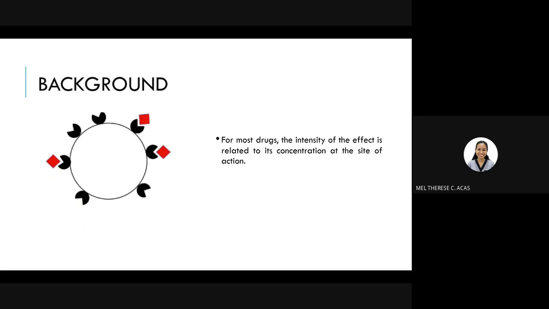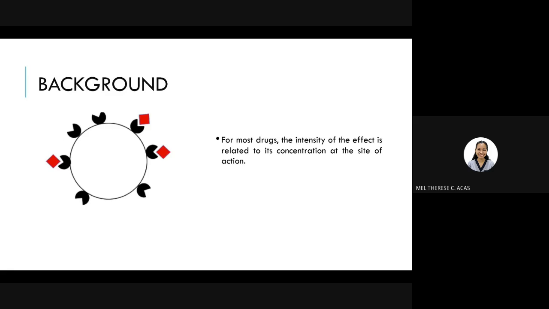In pharmacology, one of the foundation principles is that for most drugs, the intensity of the effect depends on its concentration at its site of action. Because the greater the concentration, the more receptors are occupied. In this picture, we can see that there are different types of receptors.